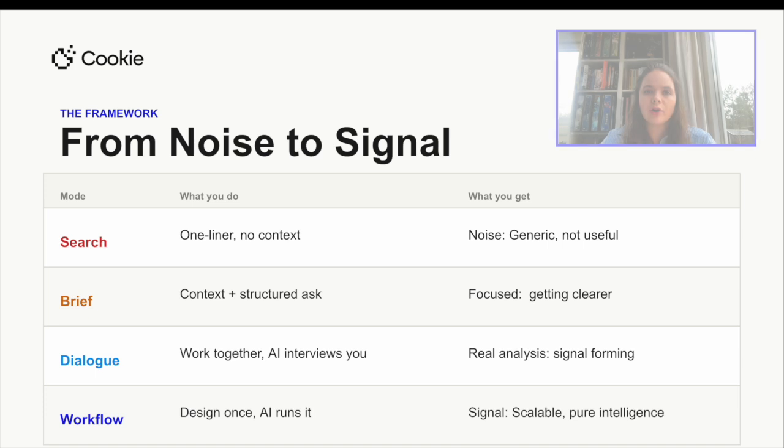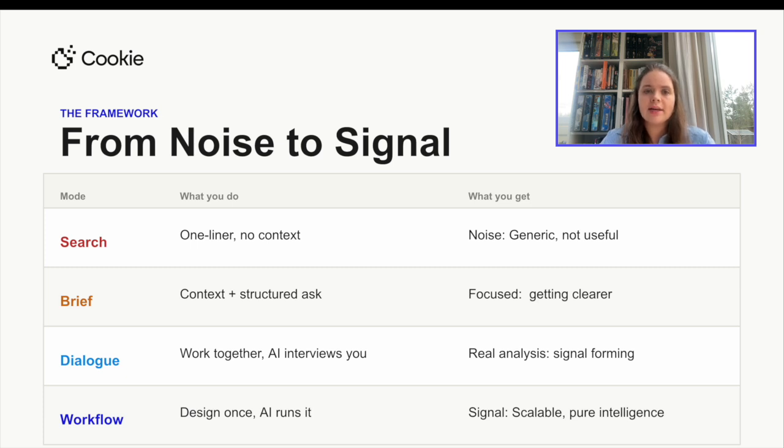This video is built around teaching you one idea and skill: how to move from noise to signal. We call it the 4 modes of working with AI: search, brief, dialogue, and workflow. Most people using AI are in mode 1, search. They type something short, they get something generic, and they conclude the tool isn't that powerful.